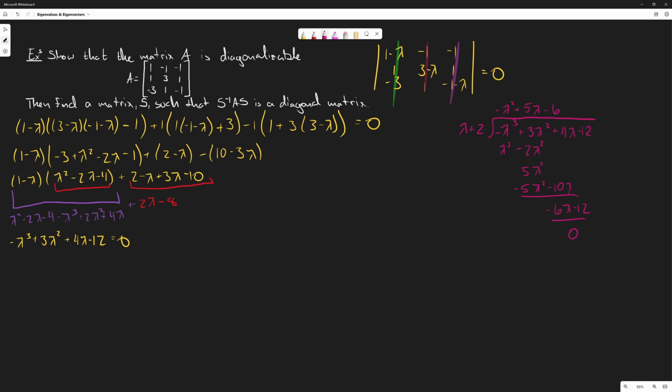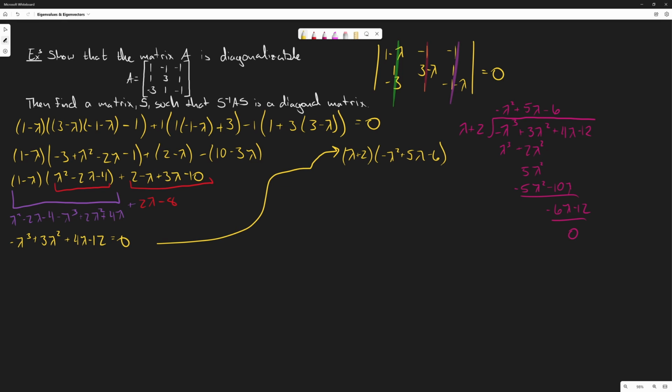So we know lambda plus 2 is a factor, so I'm just gonna rewrite this as lambda plus 2 times negative lambda squared plus 5 lambda minus 6.